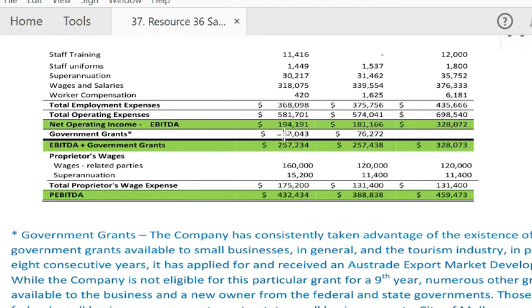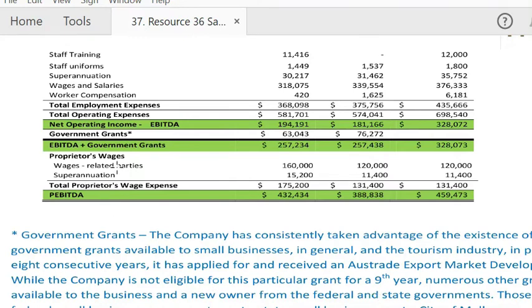So you can see that we've listed the grant amounts in 15 and 16. We did include them in these numbers, but we noted down here that we would not be eligible for this particular grant for a 9th year, although there were many other types of grants that the new owners may want to apply for.